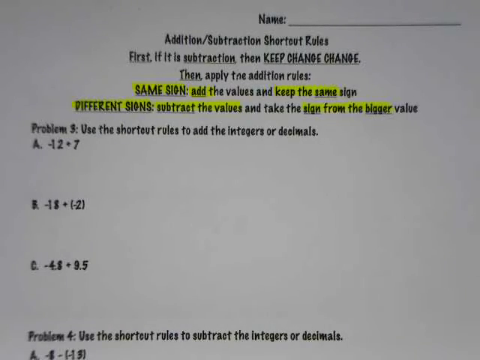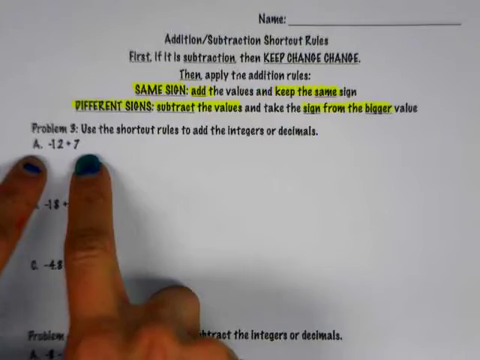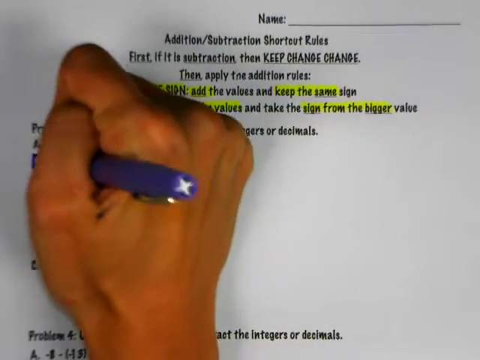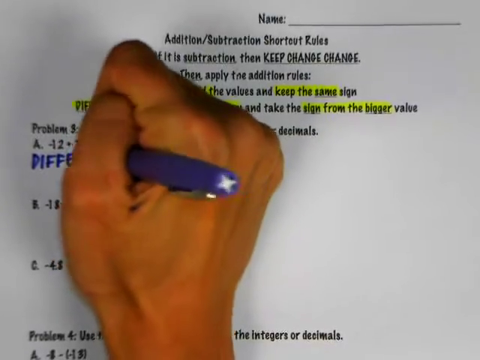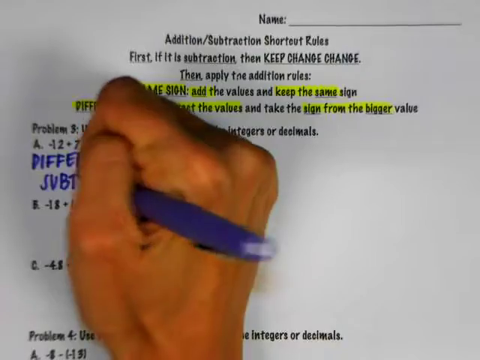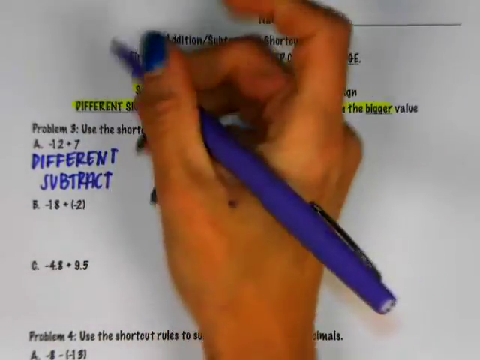So here, if I have -12 plus 7, what this is saying is, do those have same signs or different signs? Different signs, right? We have a negative and a positive. So that means you're going to subtract them. Bigger minus smaller always, so what's 12 minus 7?